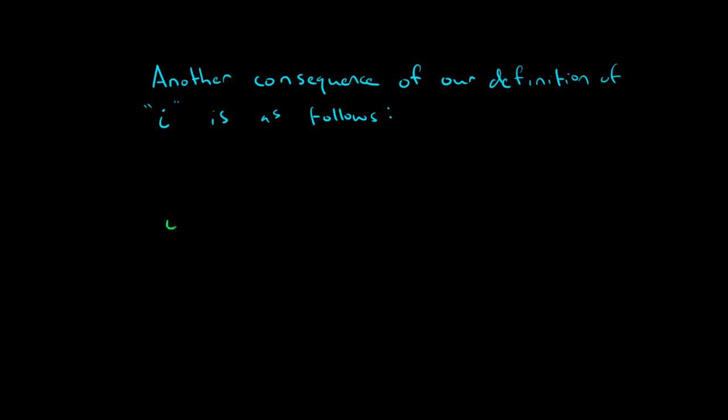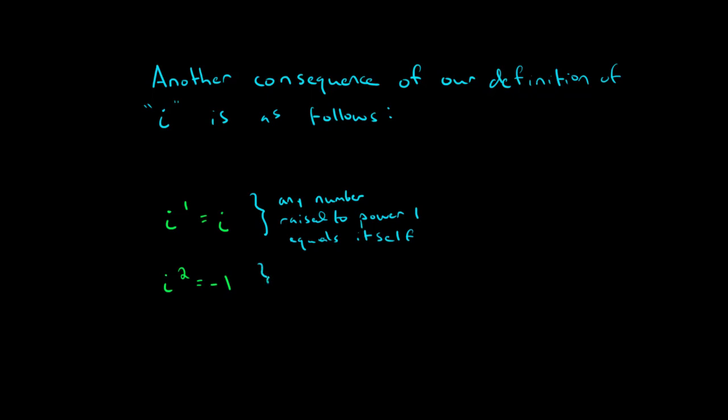We know that i to the first equals i. Again, we're just making use of the rule that any number to the first power equals itself. So i to the first equals i. That's kind of a vacuous statement, but you'll see where it takes us in a minute. Now we have i squared equals negative 1 by definition of i.